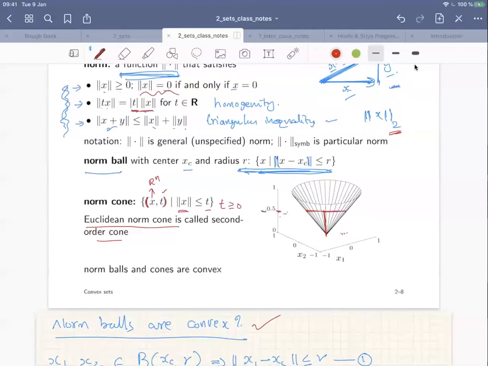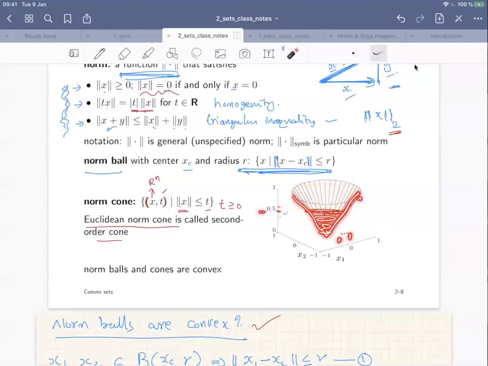So all these x values here which come in this circle will be part of that norm cone. Then you repeat this for different heights, that means different values of t, then you will get this shape.